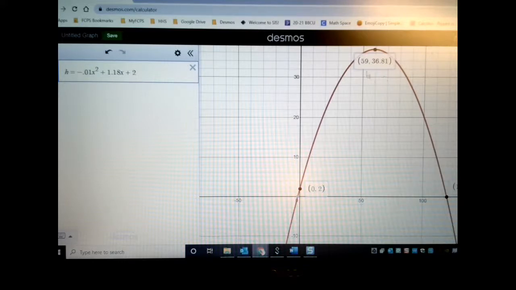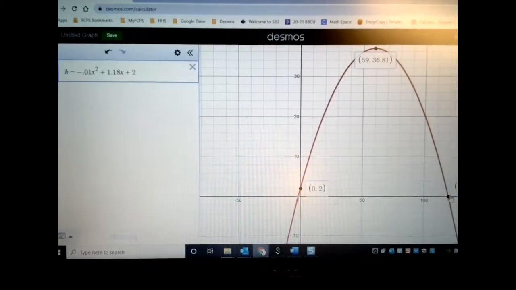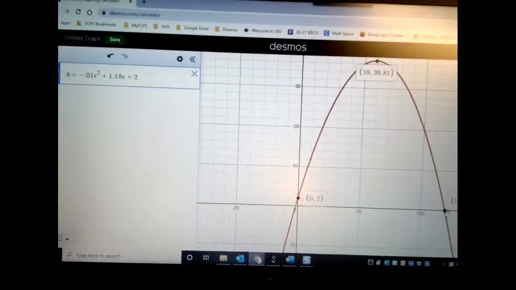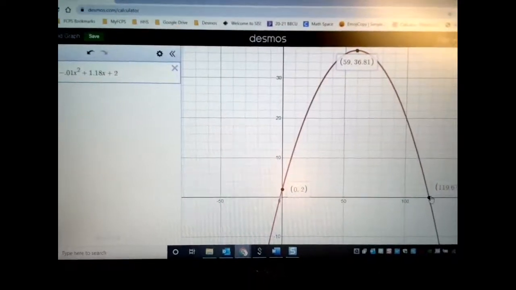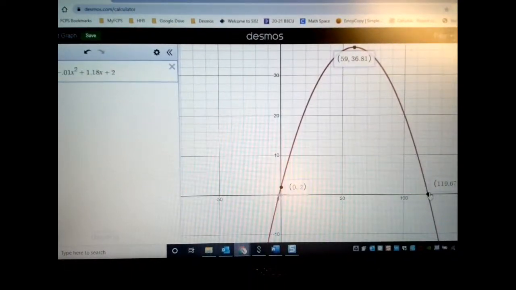So it goes this far over, so it's not 59 seconds, it's 59 feet out, and 36.81 feet up in the air. At what horizontal distance from the kicker will the ball land? And that's going to be this value here, which is going to be 119.